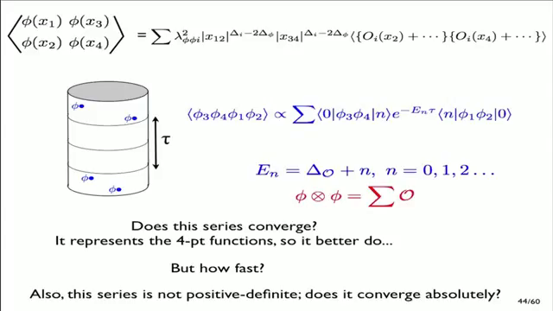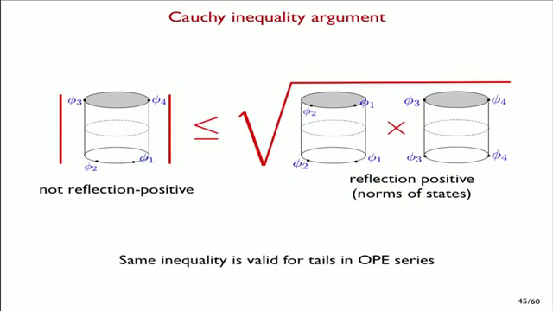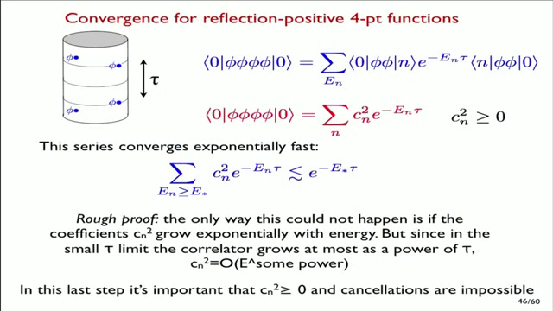So I can actually do the normal Hilbert space Cauchy inequality, the normal algebraic Cauchy inequality applied term by term, and I'm going to get that this inequality actually applies for the tails. So what this means is that if I want to study the convergence of the series which represents this 4-point function, I can equally study the convergence of these 2 series, and if these 2 are convergent, then this one is going to converge with the same rate or faster.